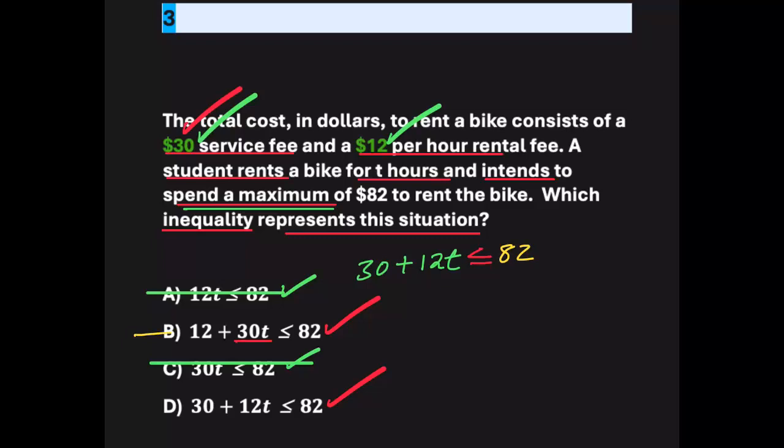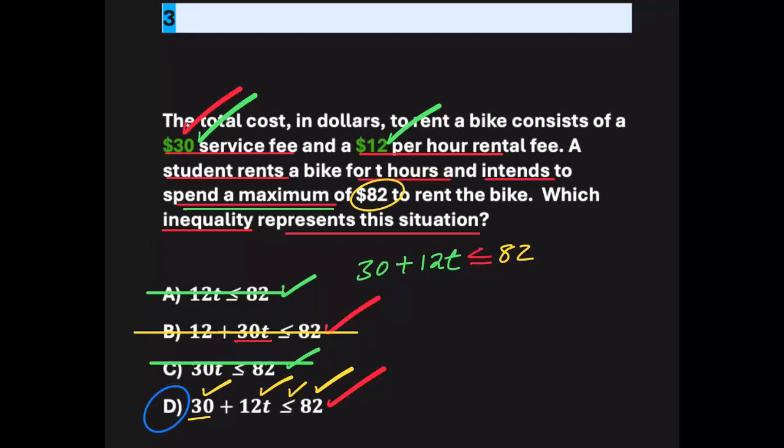So we're going to eliminate choice B. We have the service fee here, which is independent, which is constant. If you keep the bike for 2 hours, or if you keep it for 19 hours, the service fee is going to be the same. And the rental rate should be multiplied by the time. So this one is correct. And we have the inequality, and we have the amount, which is $82. And the answer is right here.